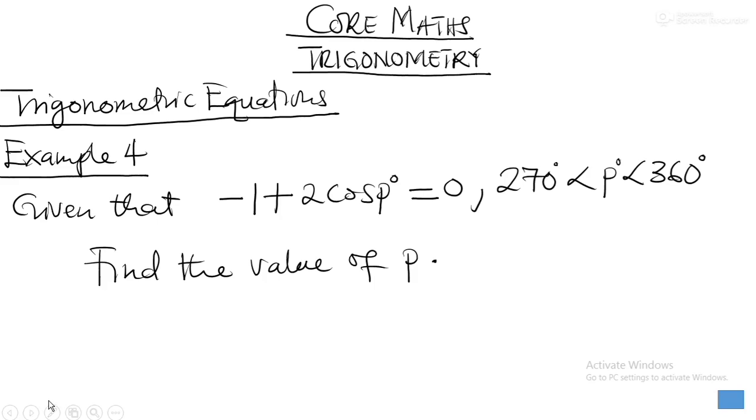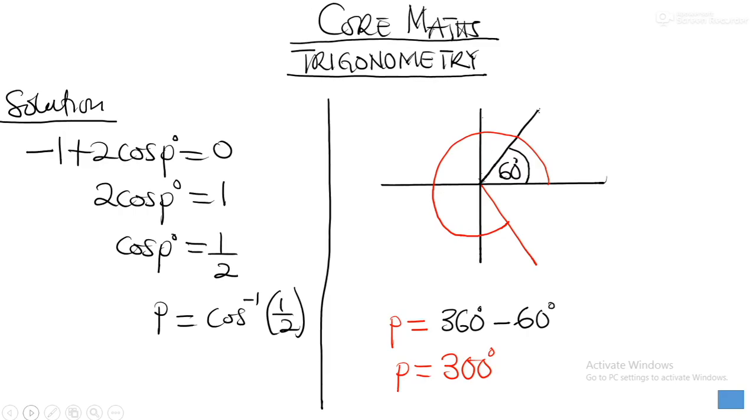Okay, so let's look at the solution for example 4. Here also you have to rearrange. When you do the rearrangement, you get cos p degrees equals half. So you need the cos inverse of half so that you get the value of p. Let's see what the calculator will give us.